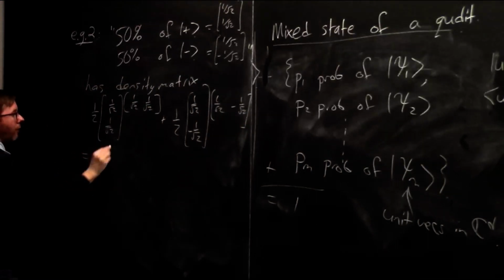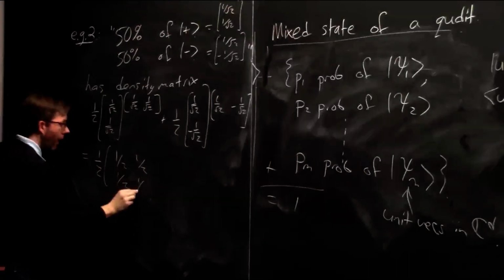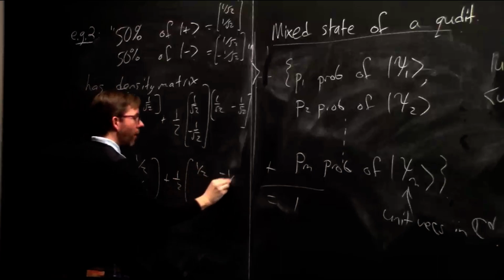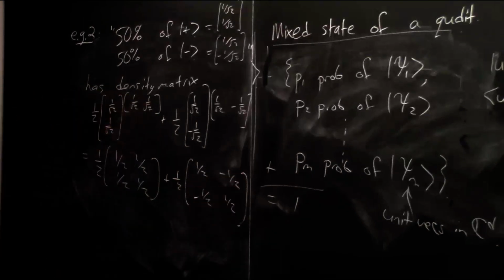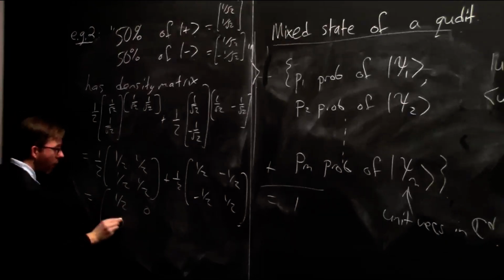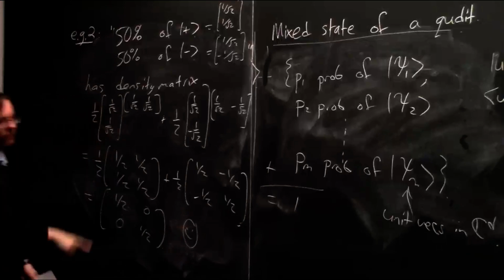OK, which is a half times 1, half, half, half, half, plus a half times half, minus a half, minus a half, half. Check me to see if I make a mistake. Finally, we add these two things up, and we get, ta-da, a half, 0, 0, a half. OK, so we get the exact same thing.